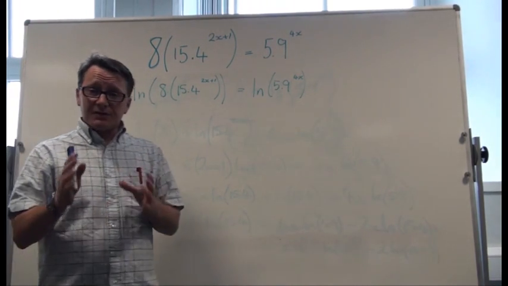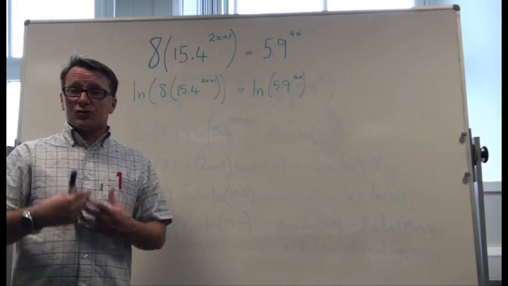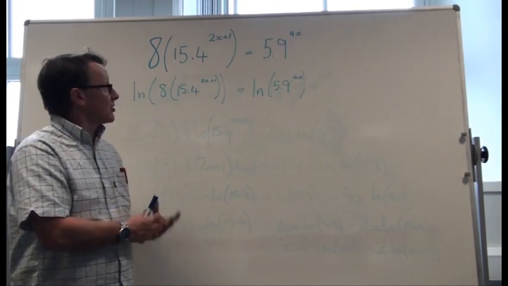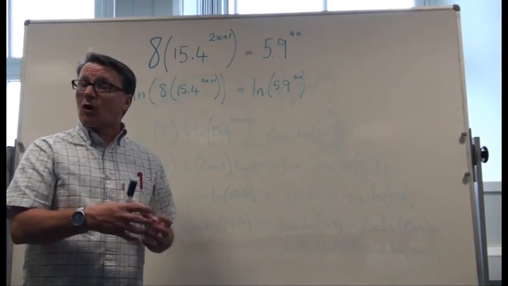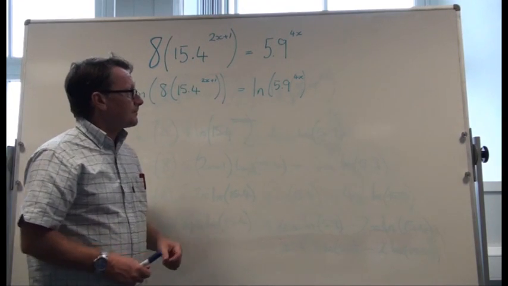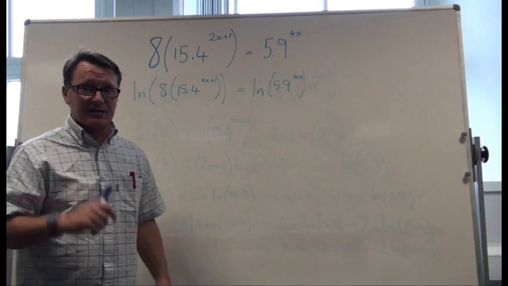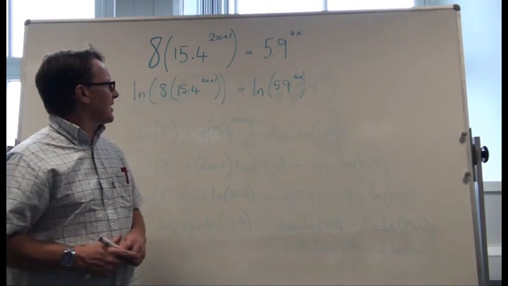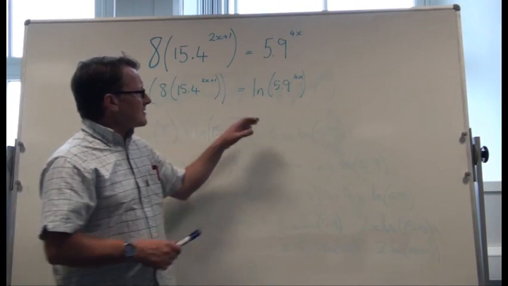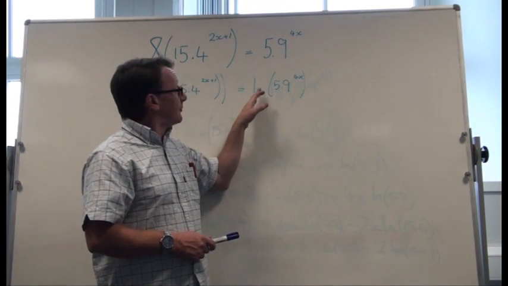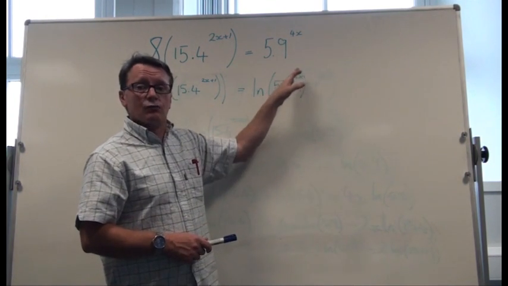Now, the reason for using logs is that we can now use the laws of logs to simplify this function, which looks at first glance as if it's got more complicated. Now, the easiest thing to do is the right-hand side first of all. On the right-hand side, we have the log of a number raised to a power.